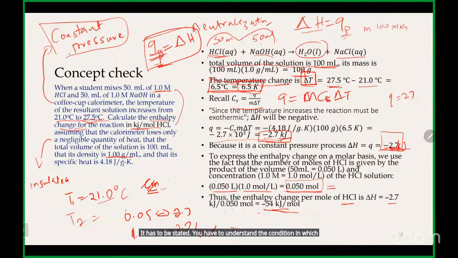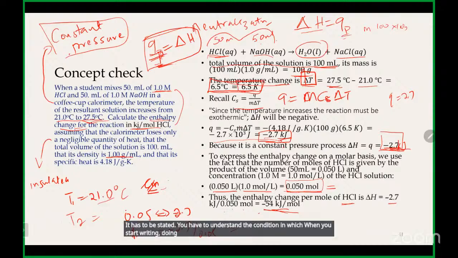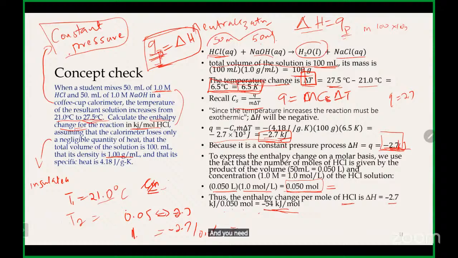When you start doing experiments, and for those of you that have done experiments in secondary school, you need to write the date of the experiment, and you need to write the condition in which the experiment is carried out, because whenever you change a condition, something changes. Does that make sense? Yes, ma. Thank you, ma.